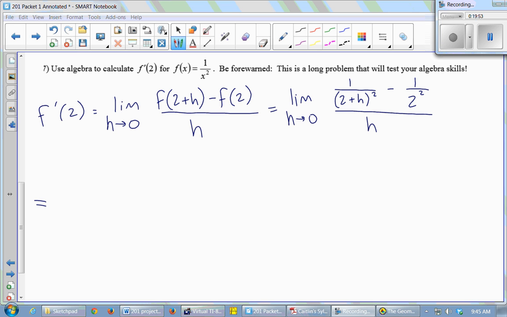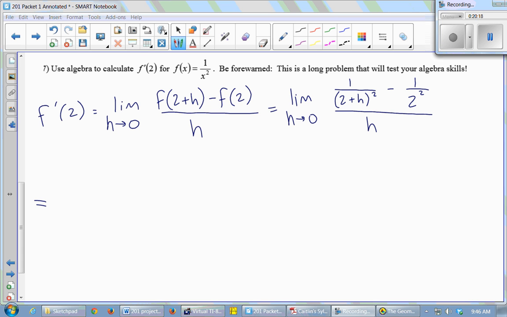So I'm going to have to do a ton of algebraic manipulation on this expression, try to get this h that's in the denominator to cancel, and then I'll be able to plug my 0 in. The algebra I'm going to do is just pretend that this is a problem I gave you last semester, when you took pre-calc. Ignore the limit, I just gave you this ugly fraction and said simplify it. That's what we've got to do.